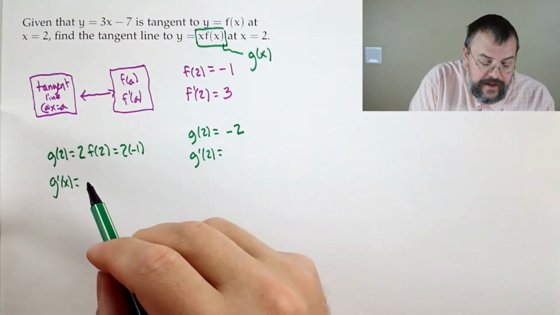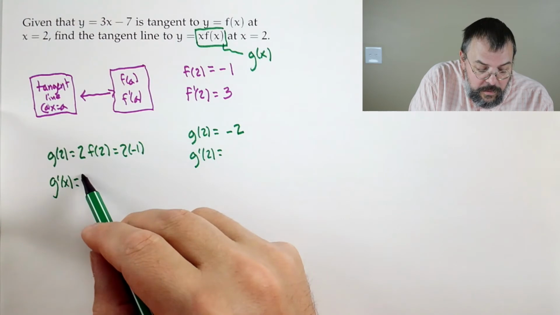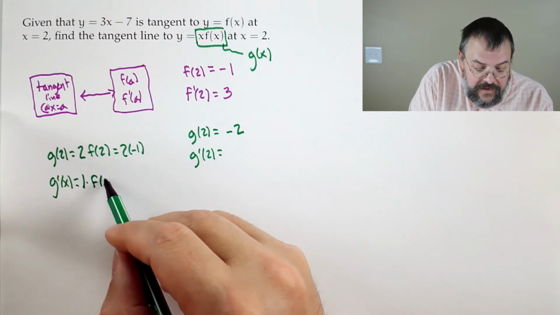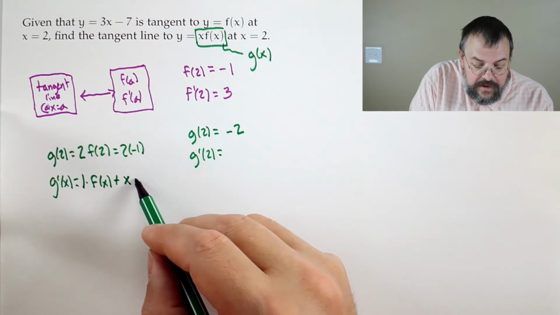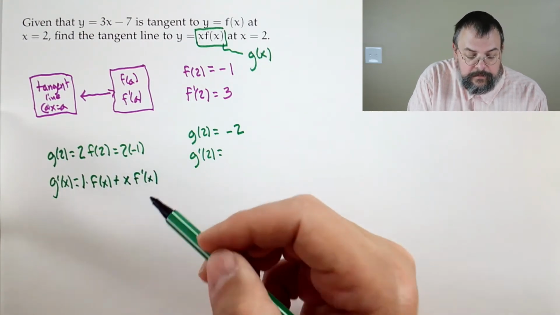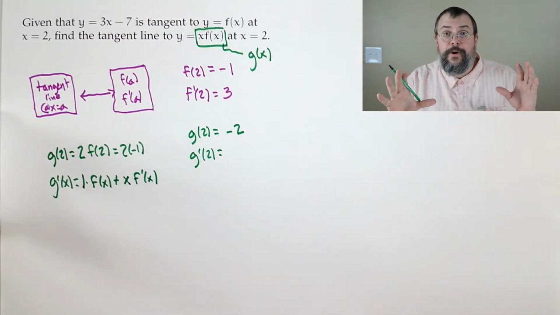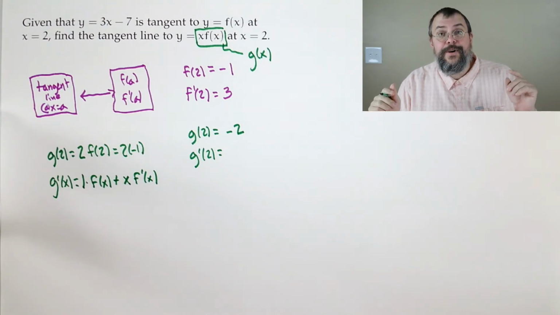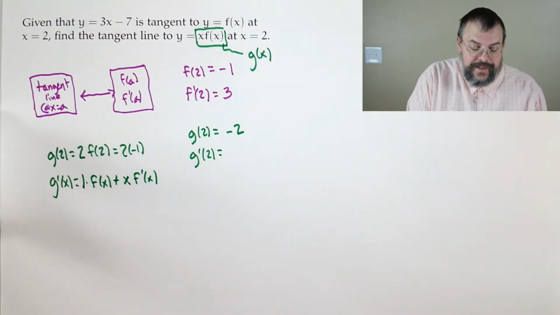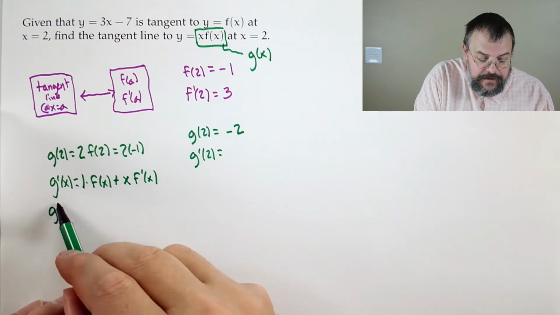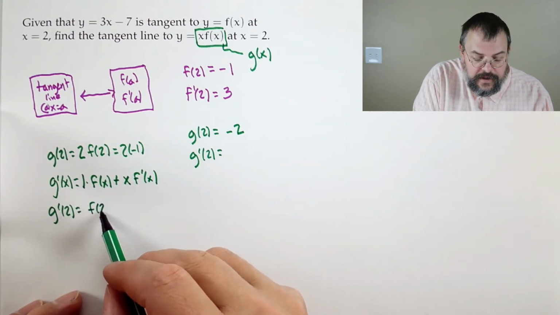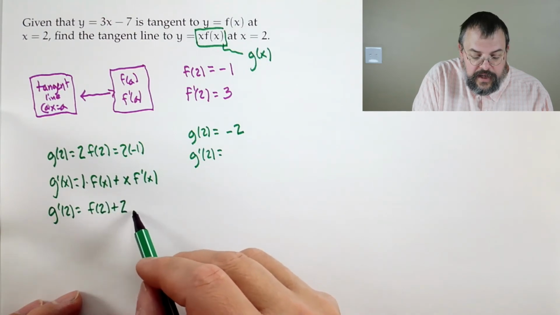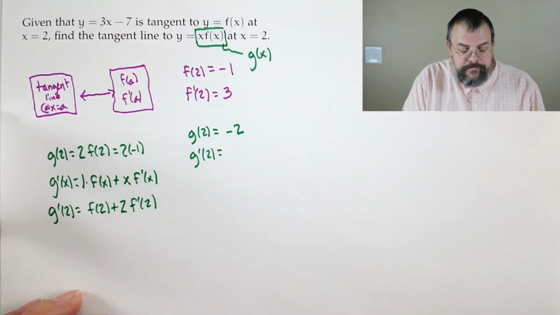I take the derivative of the first, which is 1, times the second, f of x, plus the first, x, times the derivative of the second, which is f prime of x. So that's the general form for the derivative. Now, plug in 2. So g prime of 2 would be f of 2 plus 2 times f prime of 2.